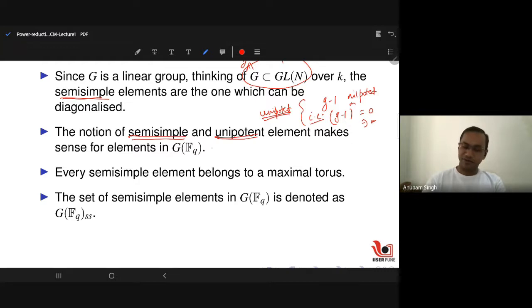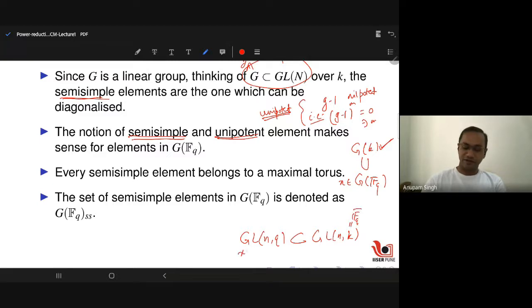In our case, you can simply think of G(K) containing G(F_q). And if I want to say that an element here is semi-simple, I will think of this element x in G(K), and there I will say that it is diagonalizable, right? And if you want to think of a concrete example, then think of GL_n(F_q) sitting inside GL_n(K), where K is F_q bar, the algebraically closed field.